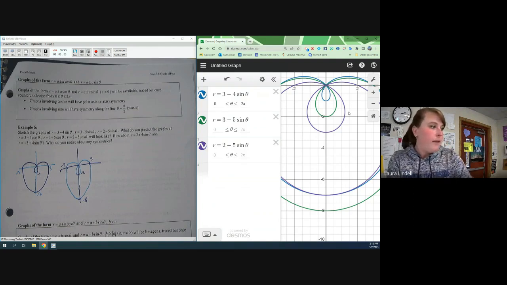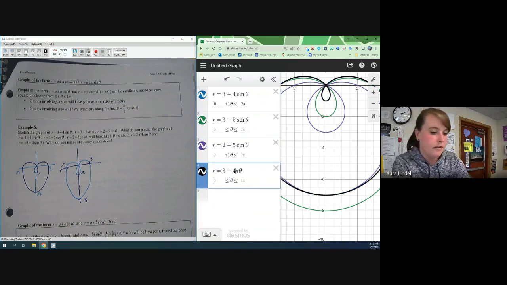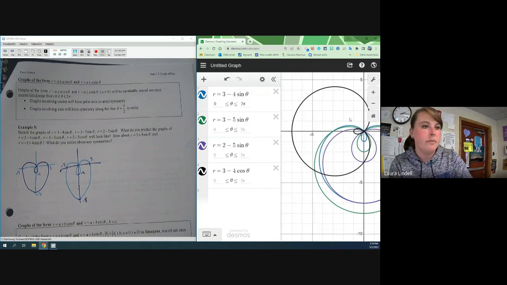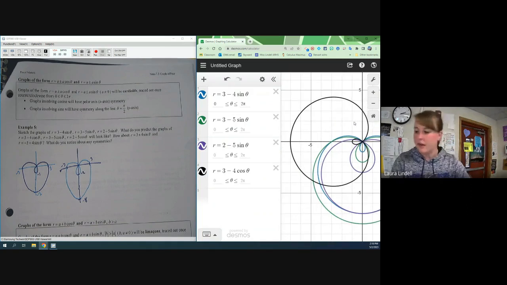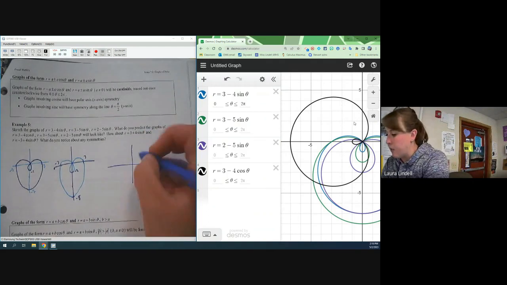What do we think would happen if we change it to a cosine? Would it just flip it sideways again? Probably. Let's try it. Let's go with this one, and we're going to make it a cosine instead. And yep, lo and behold, it flips it sideways when we make it a cosine. So maybe we want to note that real quick.